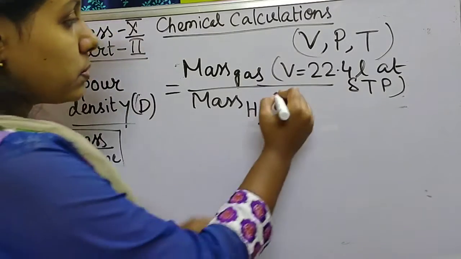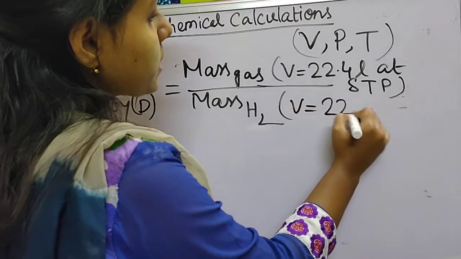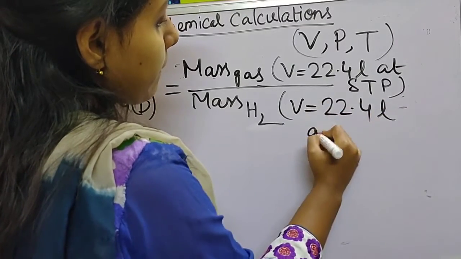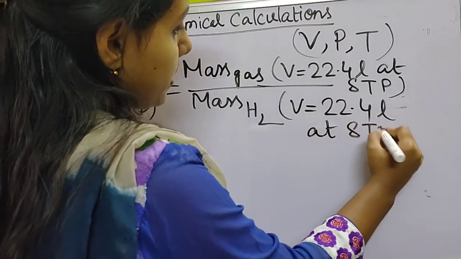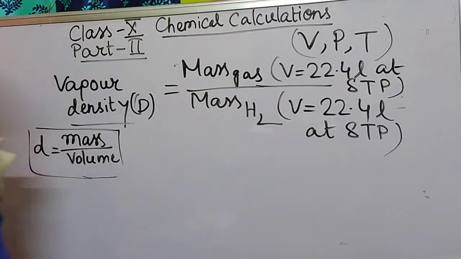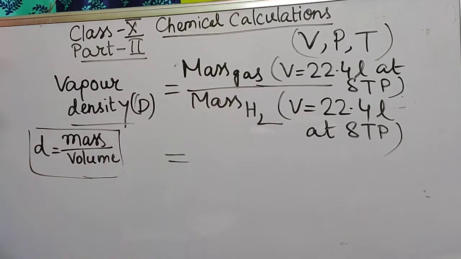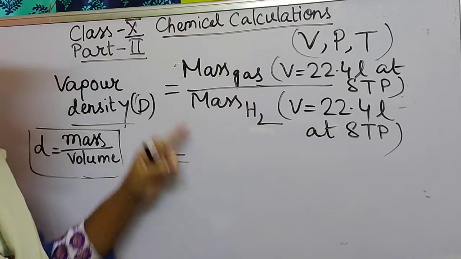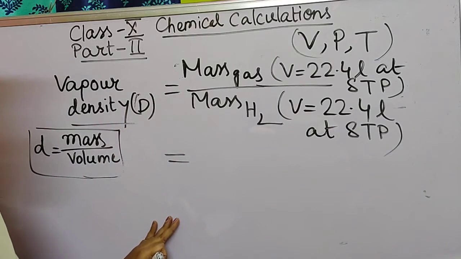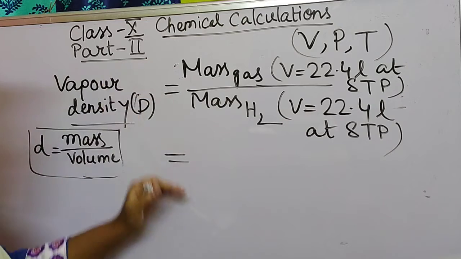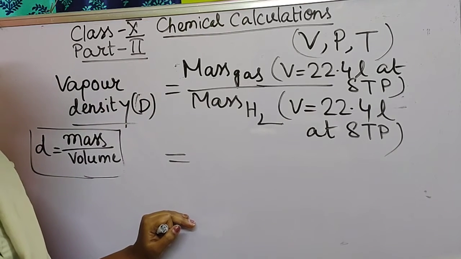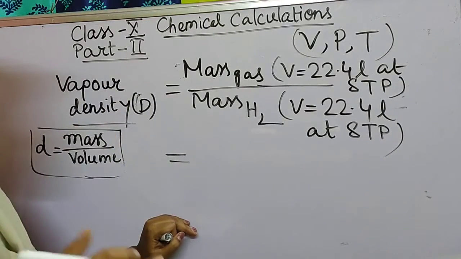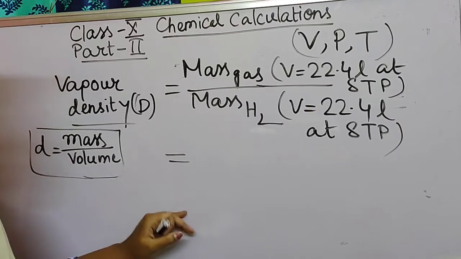Here also the volume is 22.4 liter at STP. That means the conditions are the same for both of them. Now what will happen? This part I have not written in the PDF notes, so whenever you are following this video, write this part in your copy.